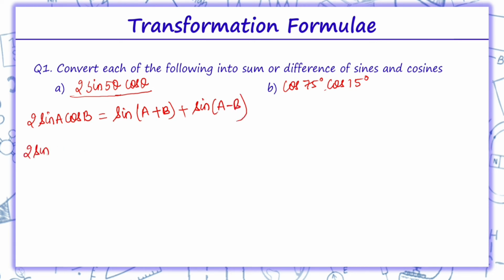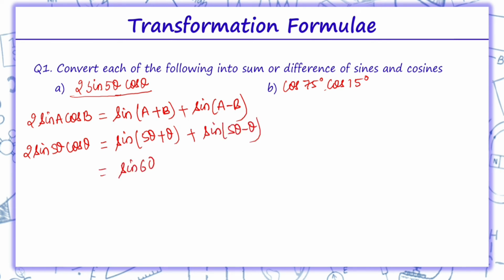So 2 sin 5 theta cos theta will be written as sin(5 theta plus theta) plus sin(5 theta minus theta). Thus the answer will be sin 6 theta plus sin 4 theta.